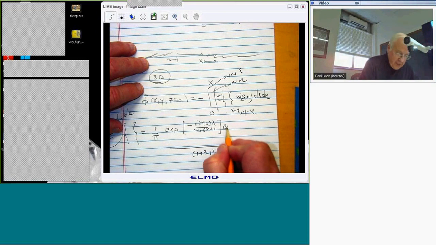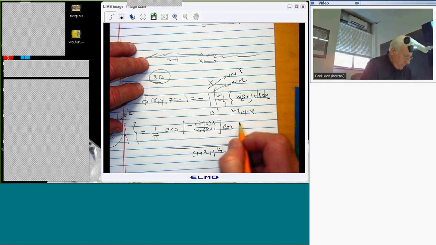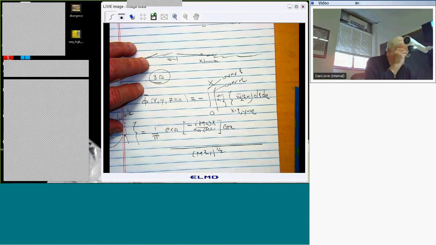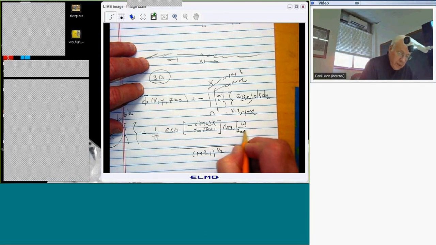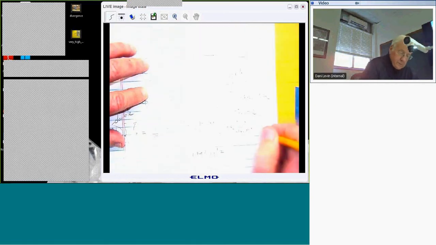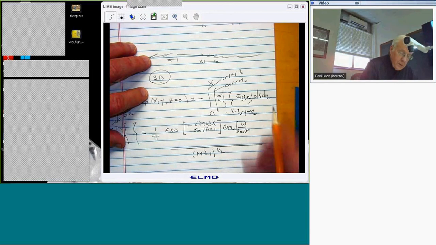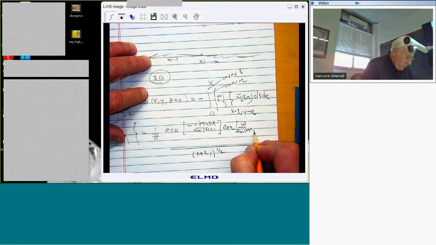Cosine of omega over a infinity, m squared over the square root of m squared minus 1, times the square root of x squared over m squared minus 1 minus y squared.